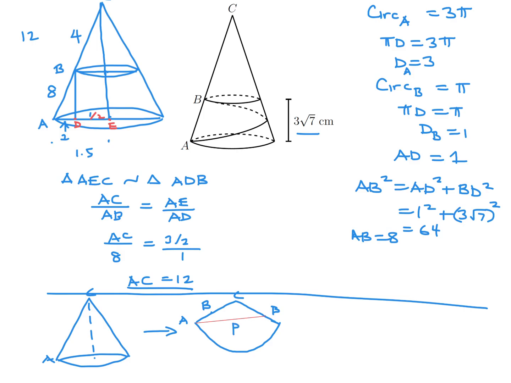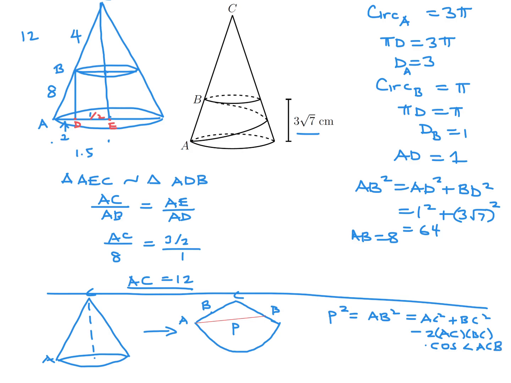So we can use the cosine law. P squared is AB squared, because P is representing AB. And that is AC squared plus BC squared minus 2 times AC times BC times the cos of angle ACB.